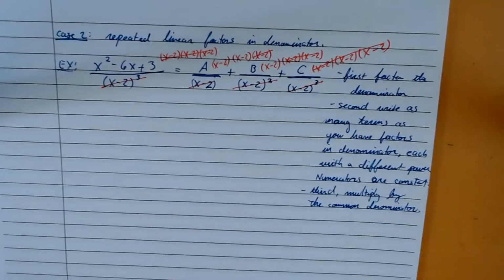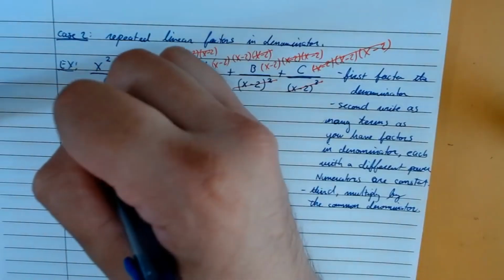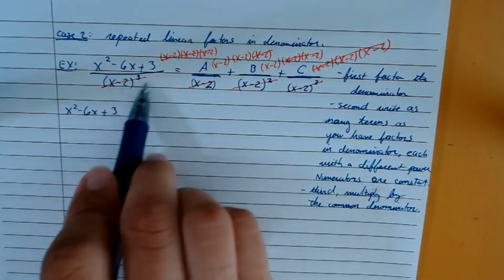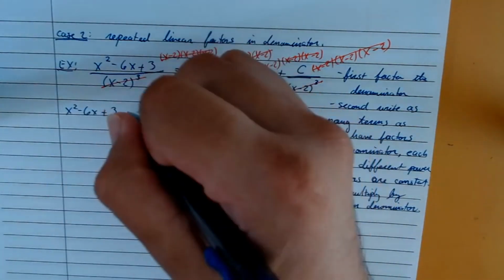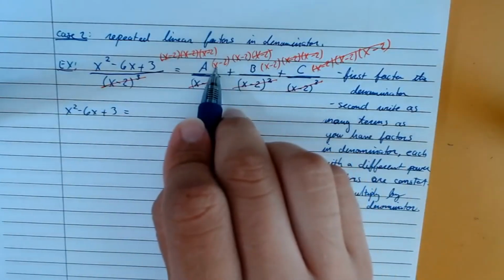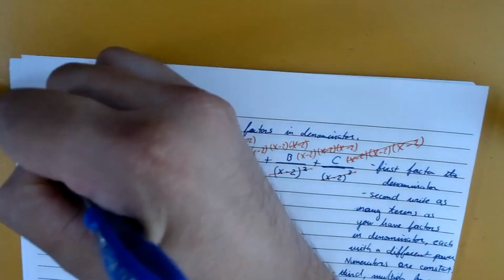Okay, well, let's see what's left after we've done that. On this side, we have x squared minus 6x plus 3. Note there is no more denominator. It's been divided away. Over here, we can multiply those: x minus 2 times x minus 2. We can distribute that.